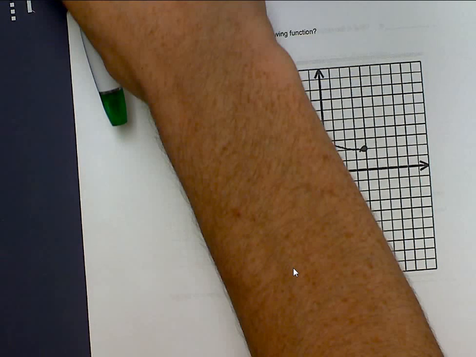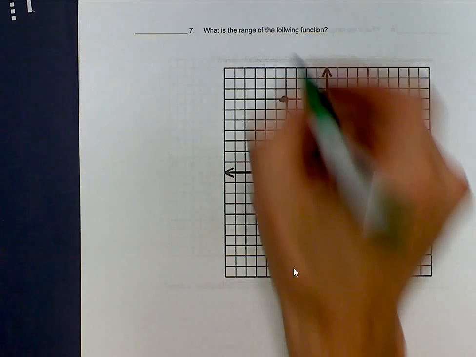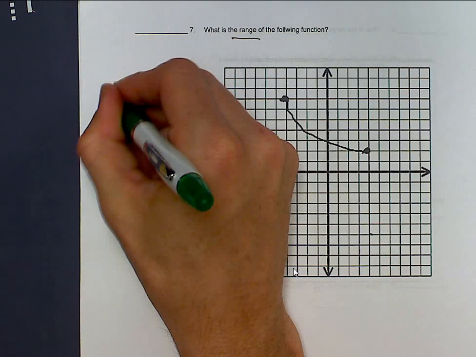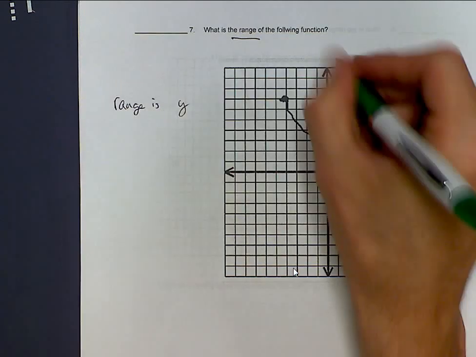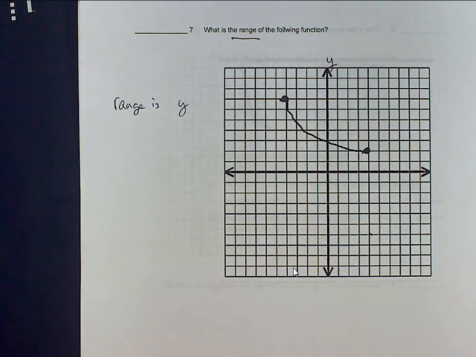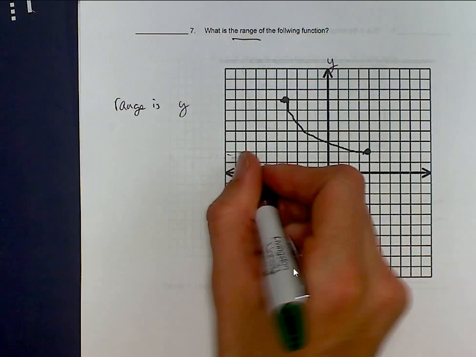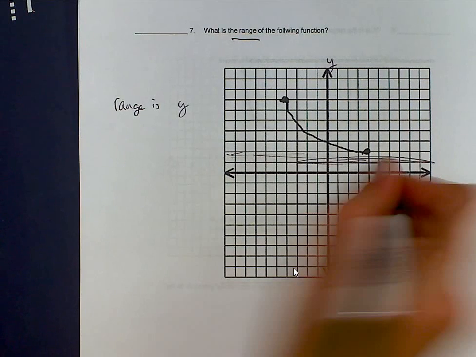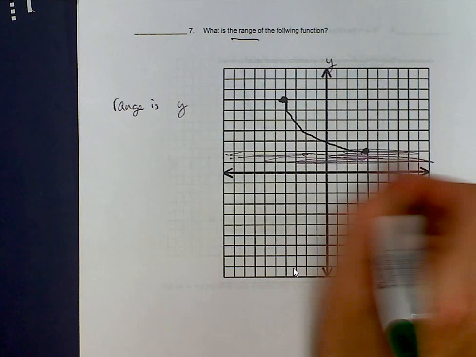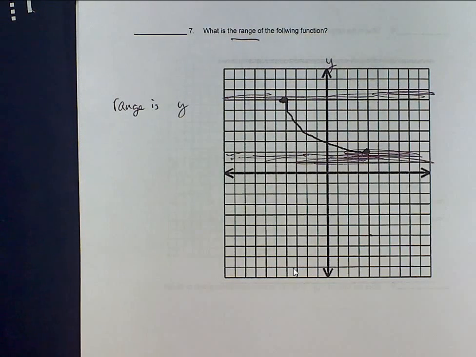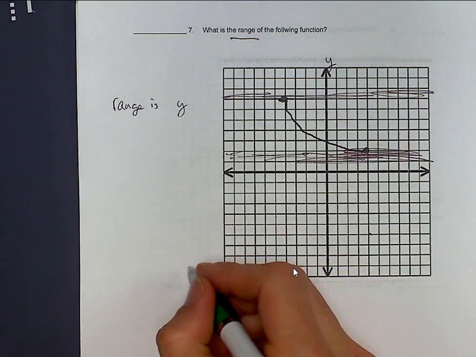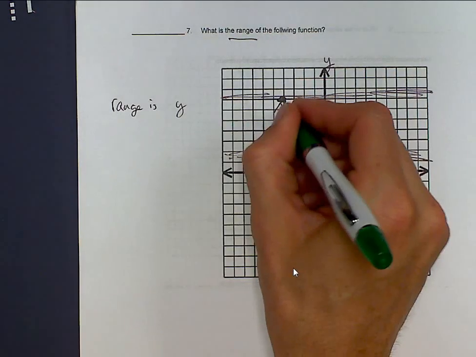What is the range? Range is y. This is the y-axis, isn't it? So box it in. It's from here up to here. What kind of circles do I have? Points.